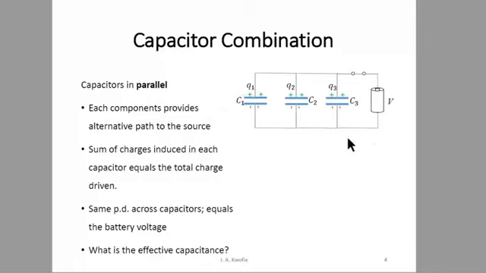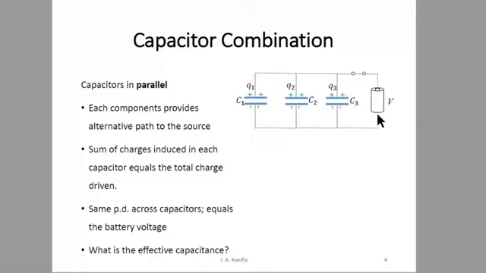That means if electrons are moving from the negative terminal, they can find an alternative path to the source. Each component that provides an alternative path to the source is a parallel connection.